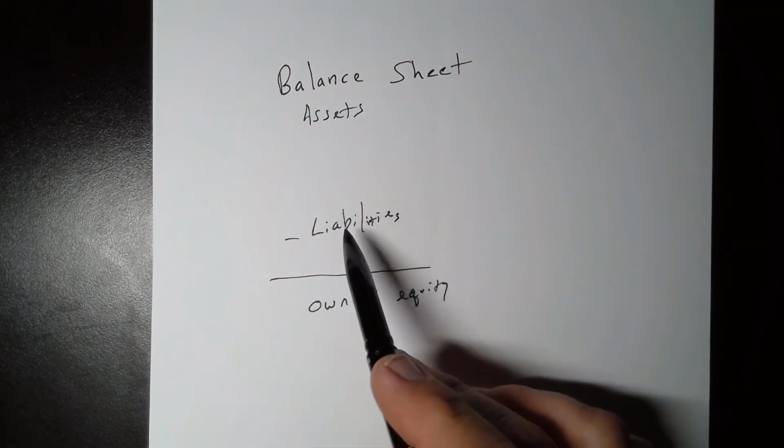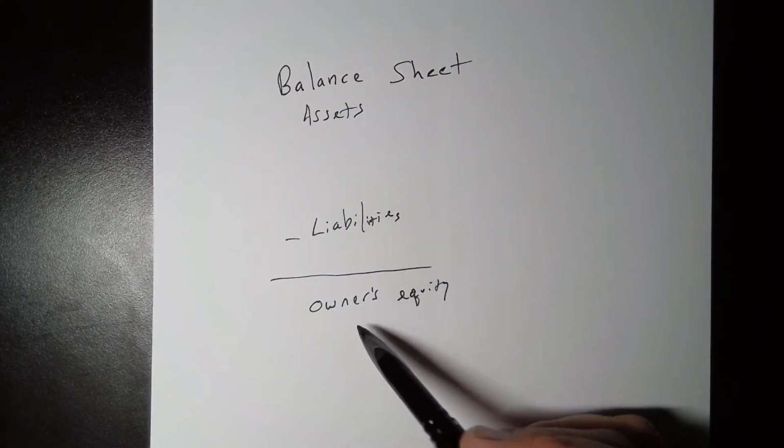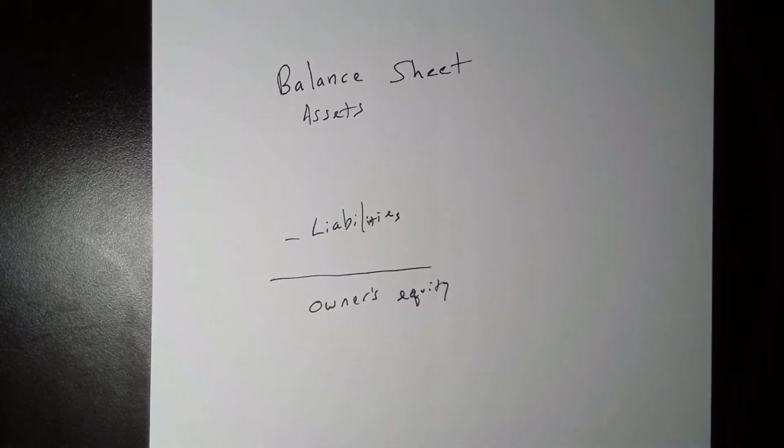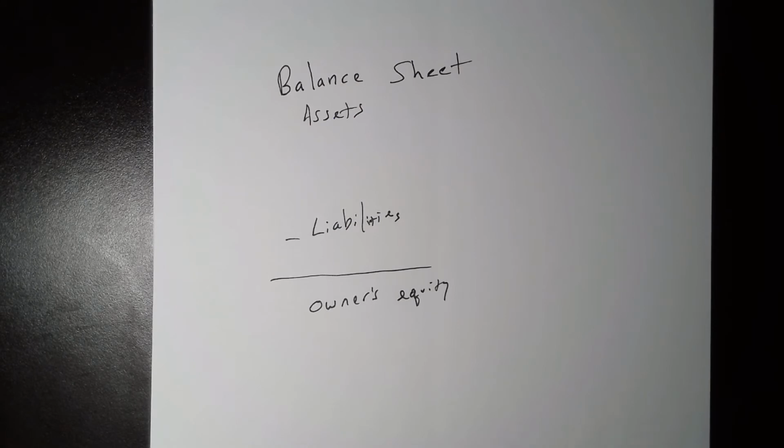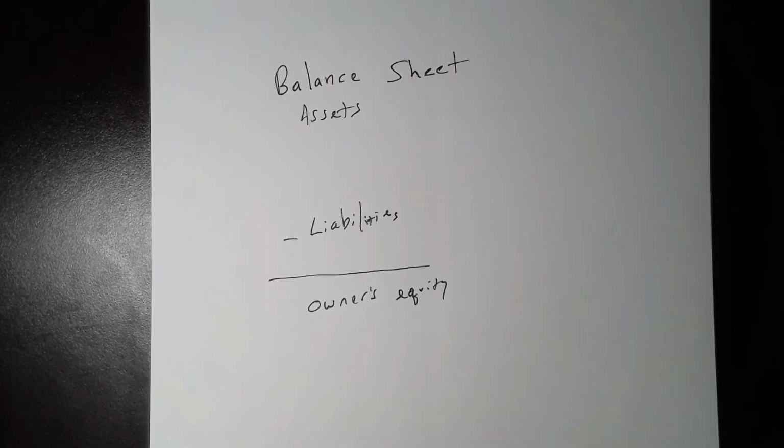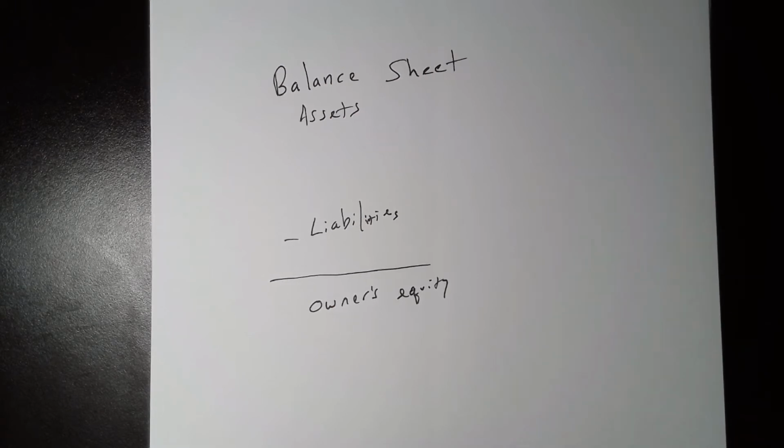Right, so you've got the assets, you take away the liabilities, and what's left over is the owner's equity. So I'm going to represent that slightly differently than this because that's how it would more or less show up on a financial statement. If you were to want to invest in a company and look at the financial statement, it'd be set up like that.